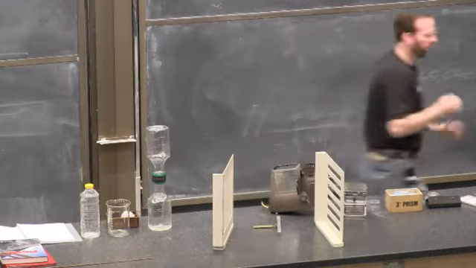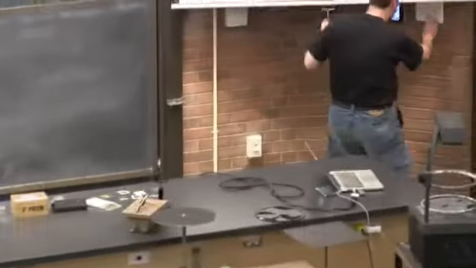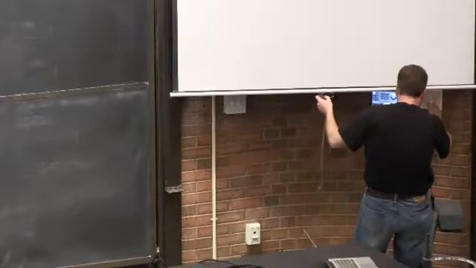We can show that for real. Let's do this one. I mounted some polarizers above this overhead projector. So that is polarized light because there's a polarizer right here. This is a polarizer. So that's unpolarized.